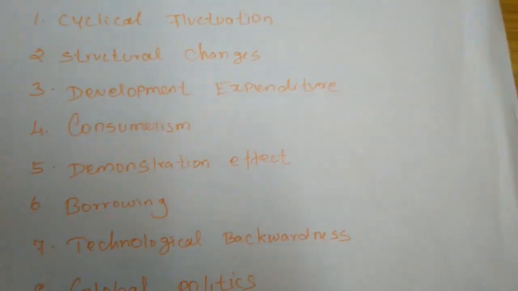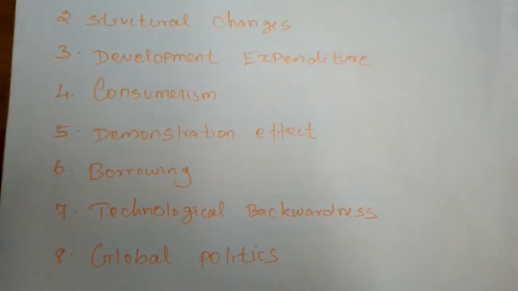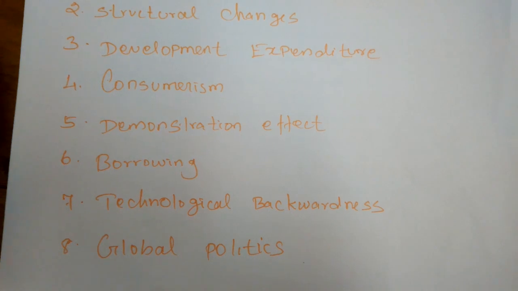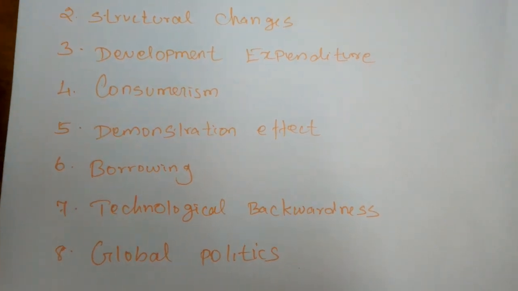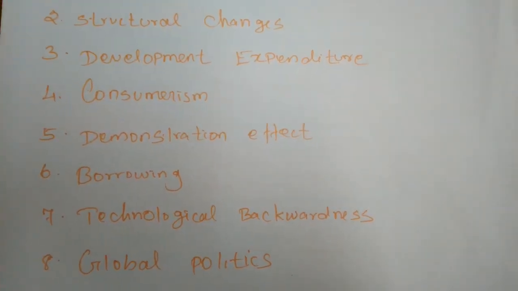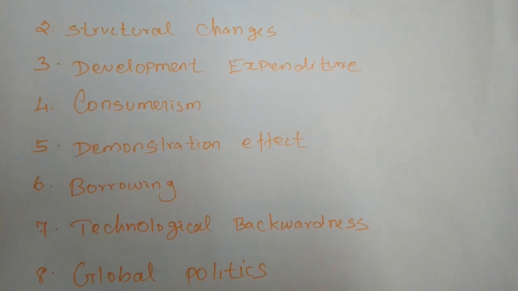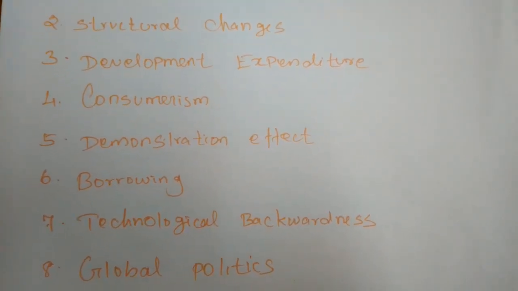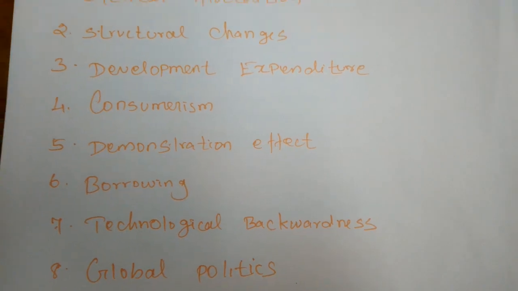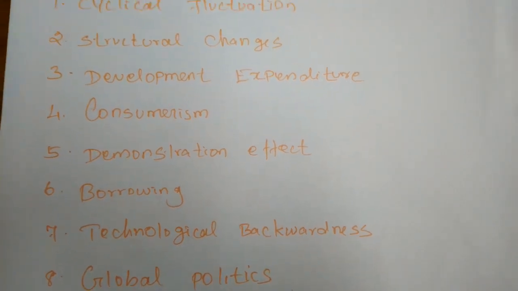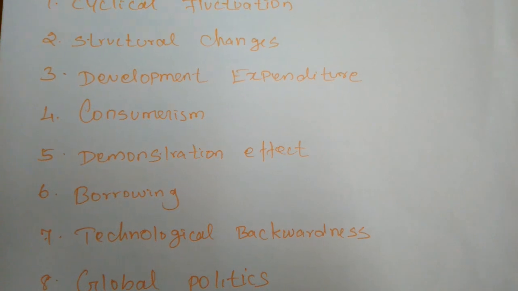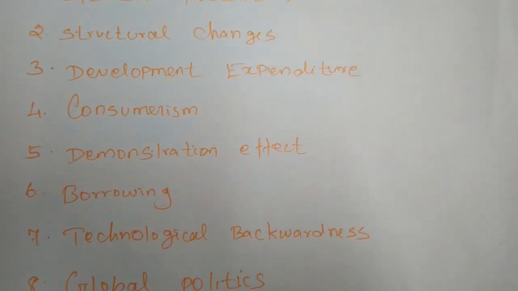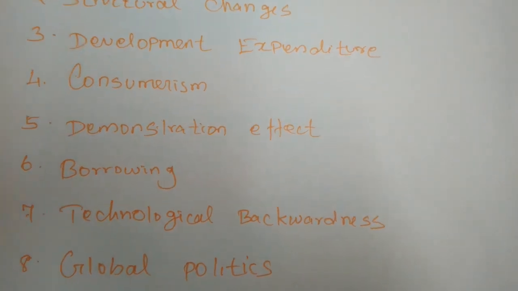If countries import the demanded commodities from other nations, they cannot increase their production and their exports. So the nations must import commodities from other nations to fulfill the domestic market. Next, the demonstration effect.